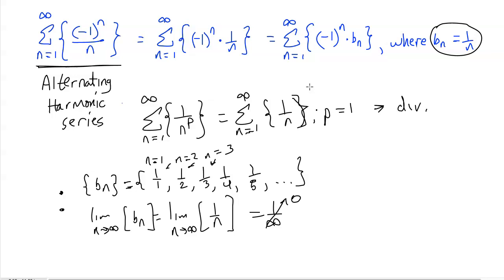Okay. Now, you're probably wondering, well, why is it converging? Because it's alternating. And so I want to talk more about this in the video that I make on conditional convergence versus absolute convergence. But essentially what's going on is this.